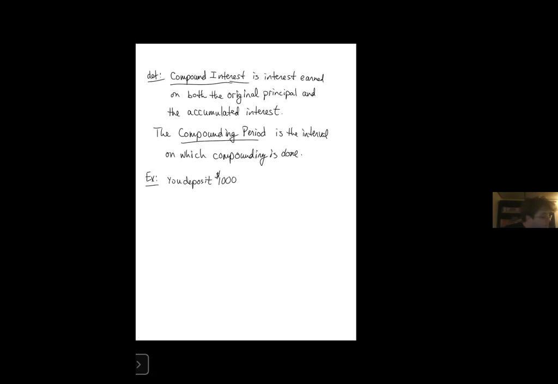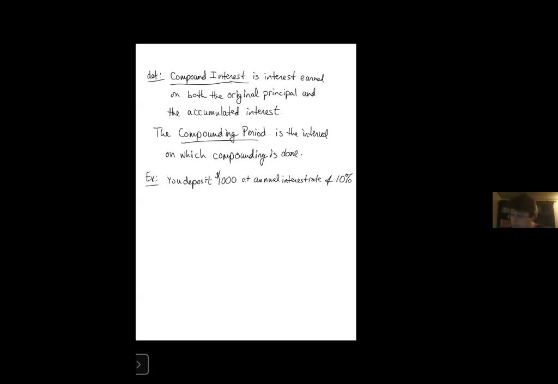This, I believe, does parallel the first simple interest example. You deposit $1,000 in an account that pays interest at an annual interest rate of 10%. So 10% annually.